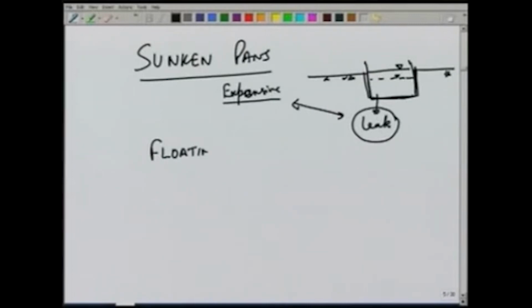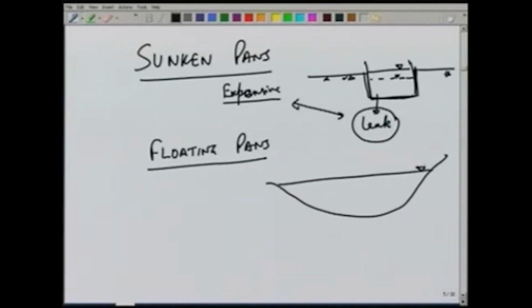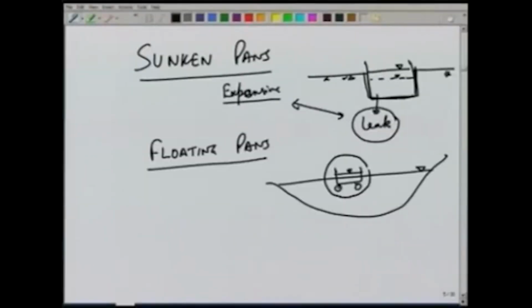The other types of pans which are used are known as floating pans. As the name suggests, there are some floating drums on which these pans are put, and since these pans are floating in the lake, they will represent the lake conditions quite accurately.